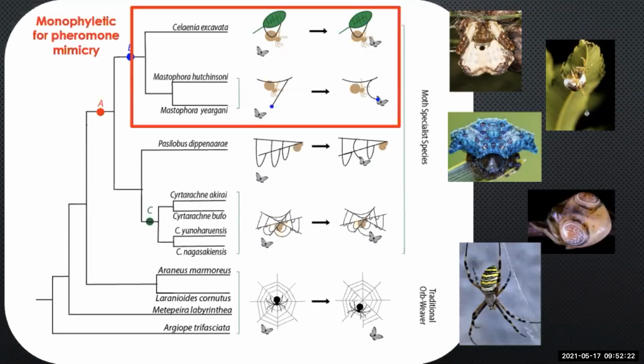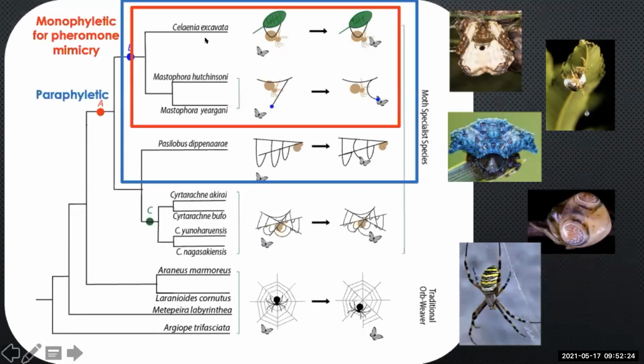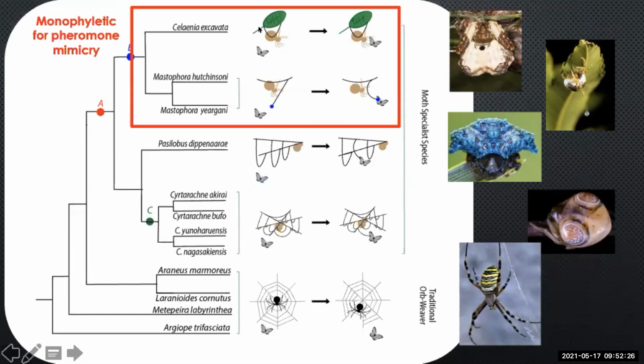Even though this excavata is not producing silk, we can still show that this is monophyletic for pheromones. They're the only species that use pheromones in order to catch moths. And so this would be a monophyletic group.